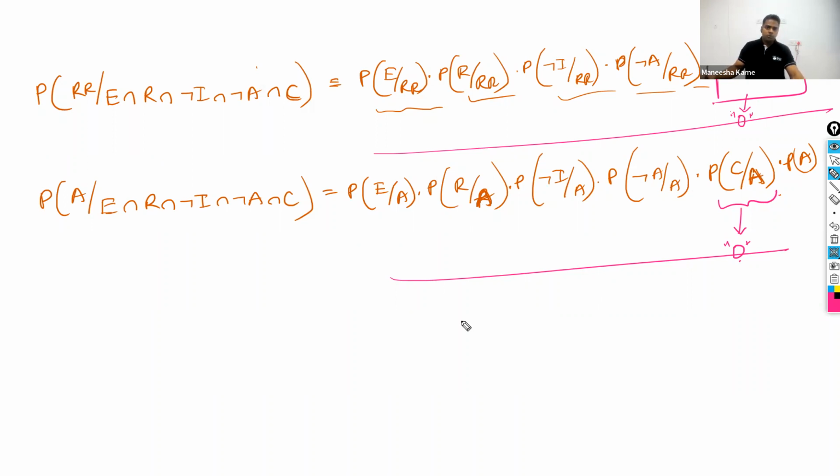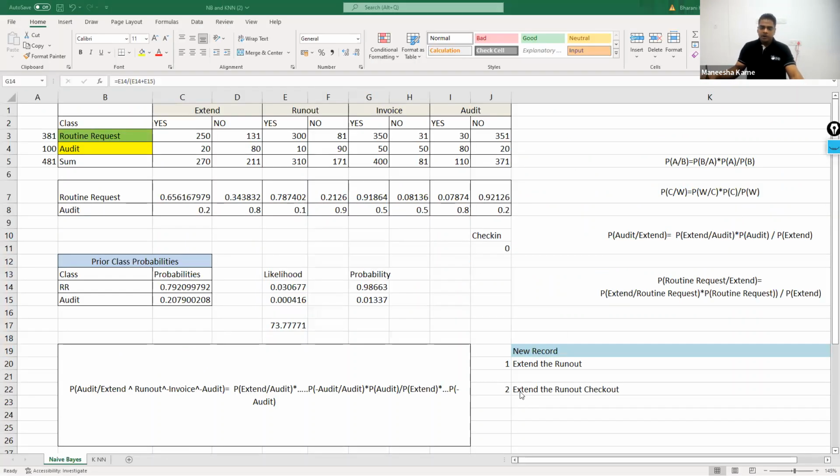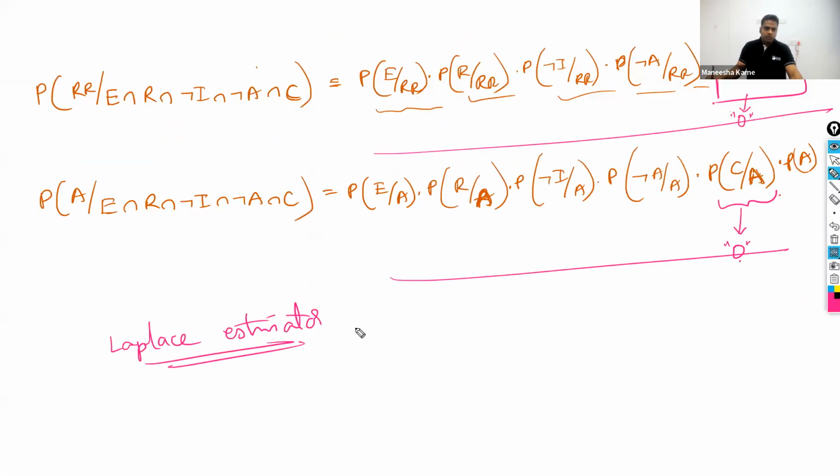To address this issue, there is something called as Laplace Estimator. Because you cannot expect each and every historical word, or each and every new word rather, to appear in the historical data. In the historical data, sometimes you might not have the words which might appear in your new data. If that is the case, we have to resort to something called as Laplace Estimator.